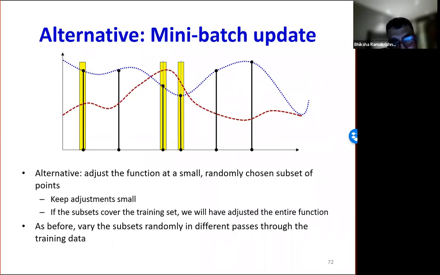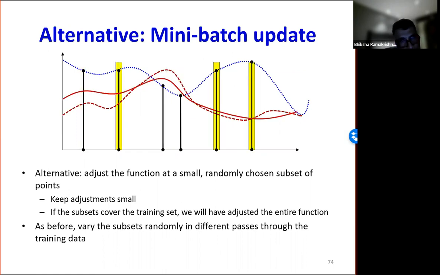I can pick up some subset of samples at a time, a random subset of samples at a time. And so when I pick up a random subset, maybe the first time I pick these three samples, it's going to say, push it up here and push it down there. And that would be my adjusted function. The next time I pick up a different random subset, and it could be maybe these three guys, and it's going to say, push the function up everywhere. And I get a new adjustment.